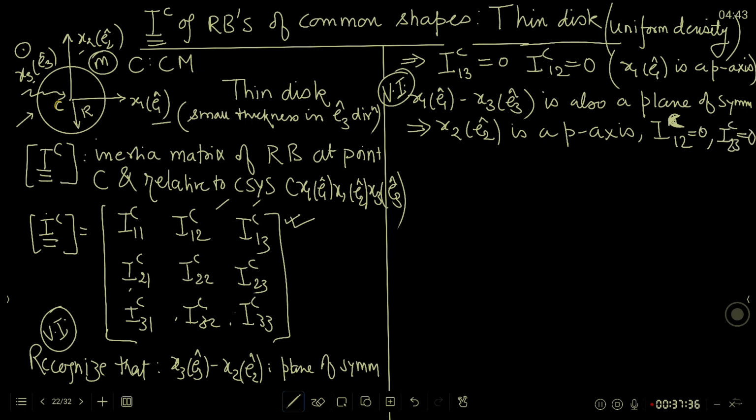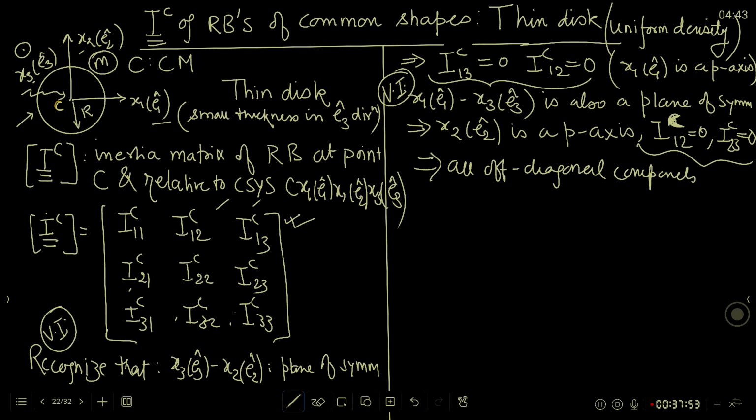So between this and this, we are in a position to say all off diagonal components are 0. You don't have to do any integration.